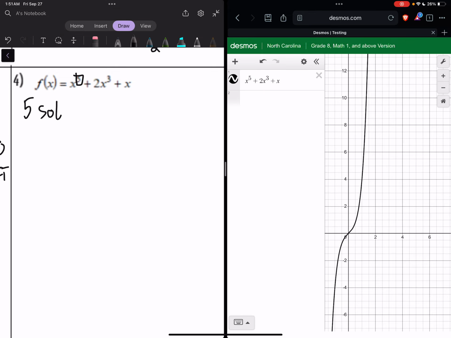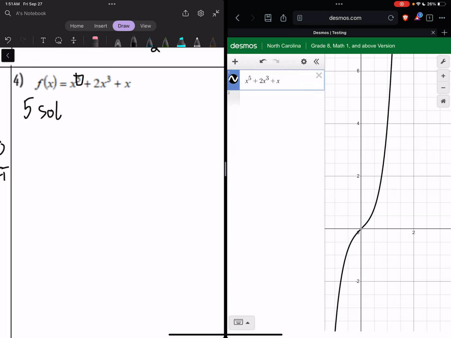I have a solution at 0 is what it says. So out of the 5 solutions, this is saying either I'm going to have multiplicity or only one of them is real. So let's take a look at it. X for the GCF, x to the 4th plus 2x squared plus 1.